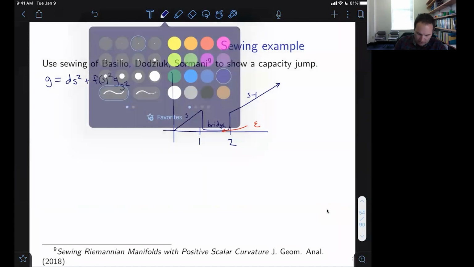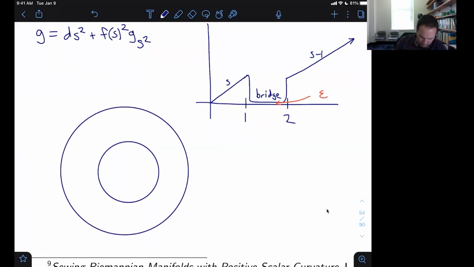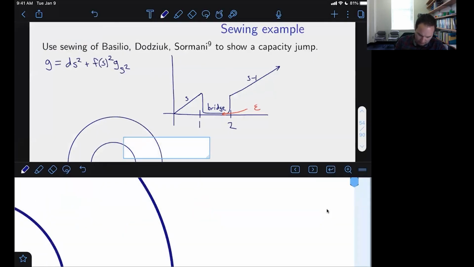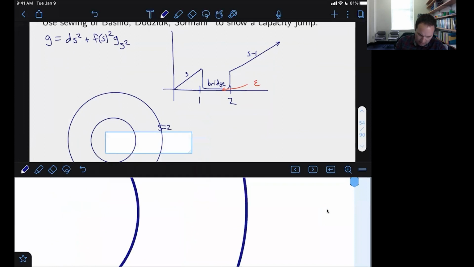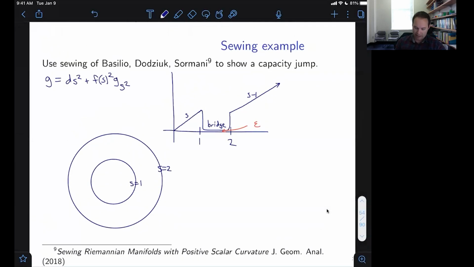So a diagram here, what this could look like is we've got, let me make it a little bigger. And that's going to be s equals 1. That's going to be s equals 2. So let's label those s equals 2, s equals 1. So s equals 2, keep in mind that is a unit sphere because of the value of the function there.